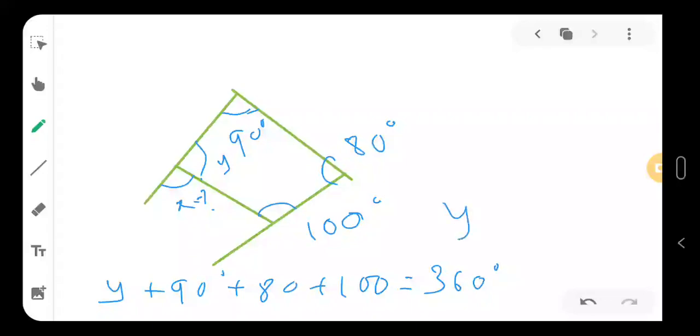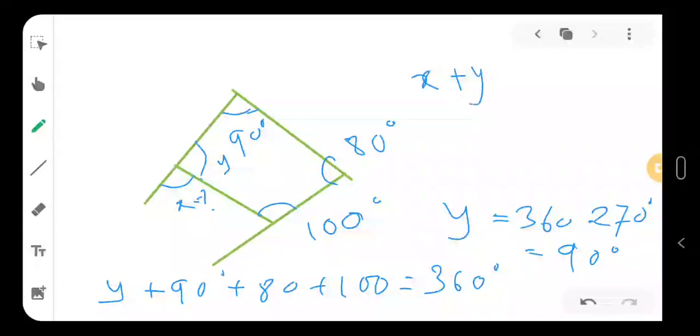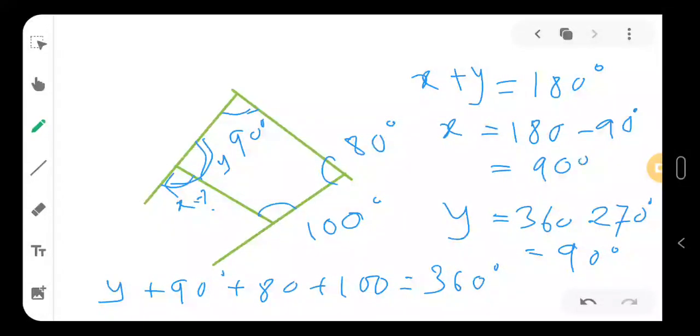So from that we can find out y, and that would be 360 minus 270, so that would be 90 degrees as well. So if y is 90 degrees, I know that x plus y, because this is a whole straight line, has to be 180 degrees. So your x will be 180 minus y, that is 90 degrees. So first you have to find out the inside one, then you have to find the outside one.